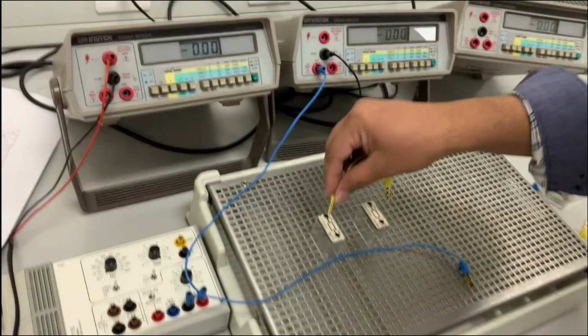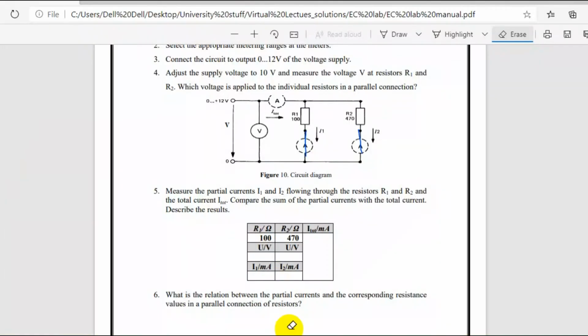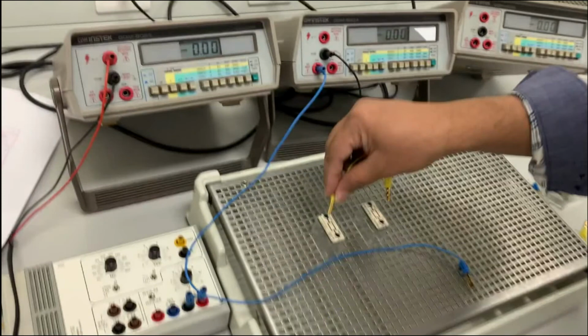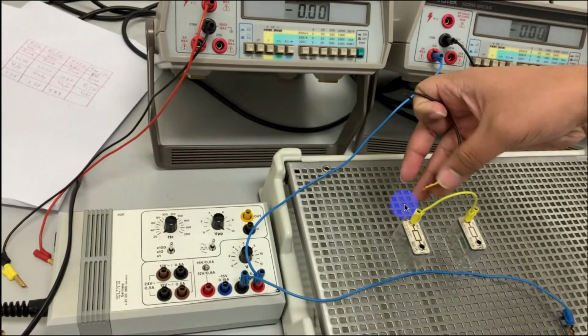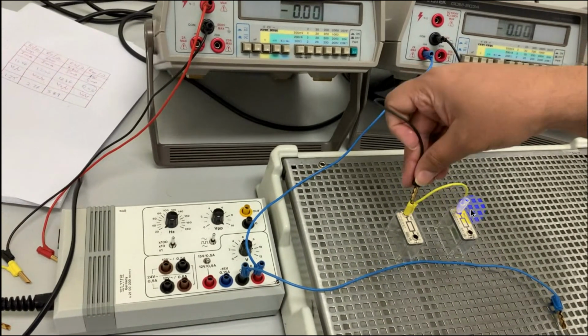From the ammeter to the 100 ohm, this way, from the ammeter to the 100 and to R2. So R1 and R2 you can connect like this. I have connected R2 and R1.